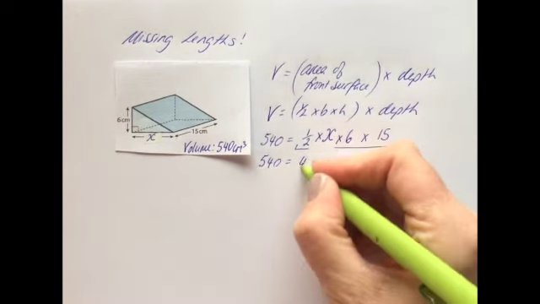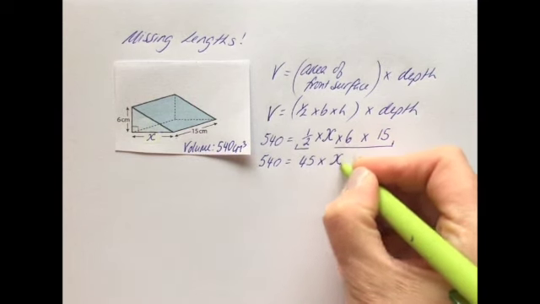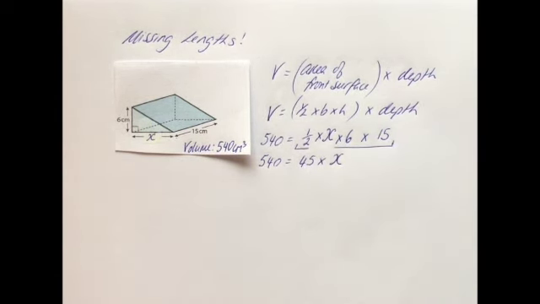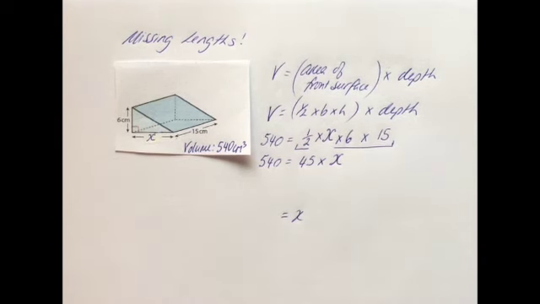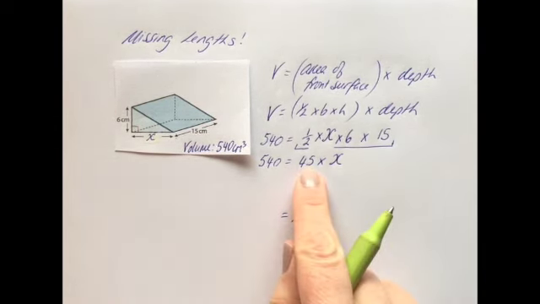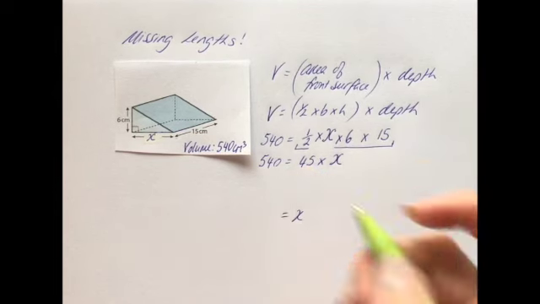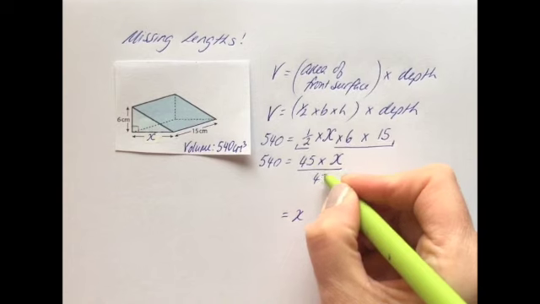So I have 45 times the x. And of course, your whole idea is to get the x on its own to figure out what that length is. So how are you going to get rid of something that is being multiplied by 45? Well, we divide by 45.